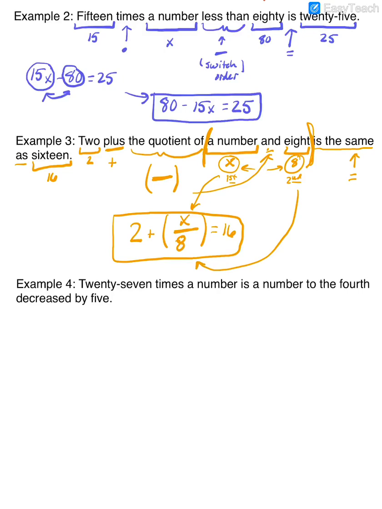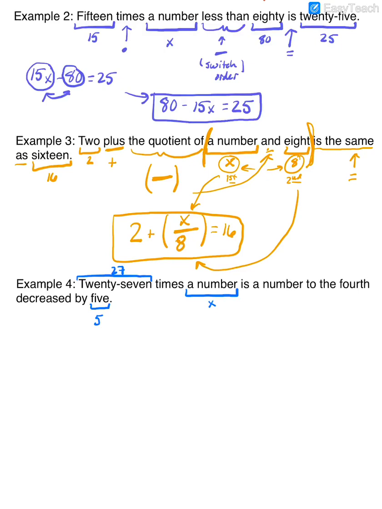Okay. All right, and then the last one here says 27 times a number is a number to the fourth decreased by 5. So here I see that it's 27. A number means x. I see 5.